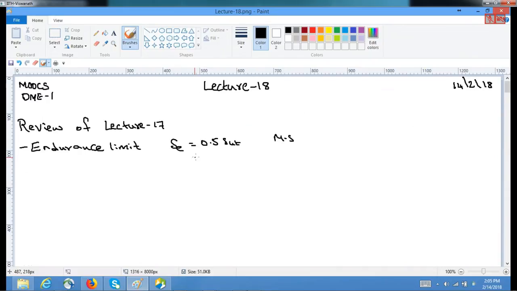times SUT for other kinds of alloys. And then we were talking about the corrected endurance limit.